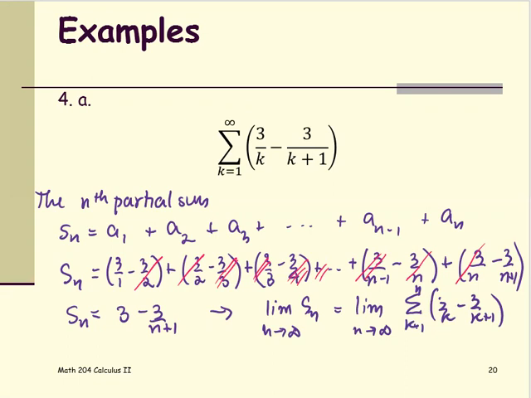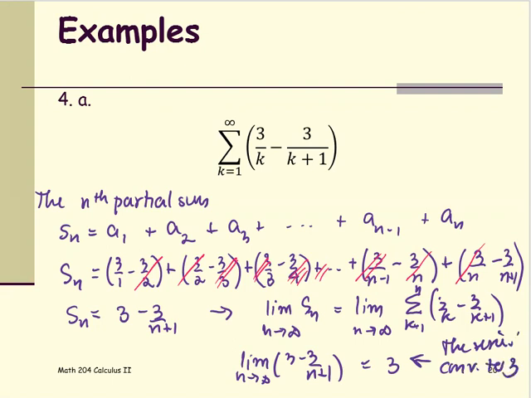Since Sn is 3 minus 3 over n plus 1, the limit of 3 minus 3 over n plus 1 as n approaches infinity equals 3. Therefore, the series converges to the value 3.